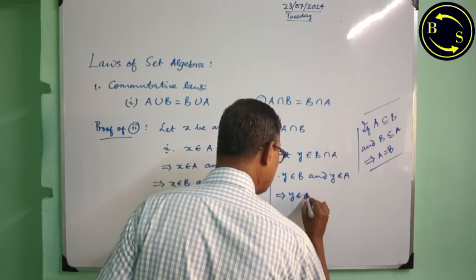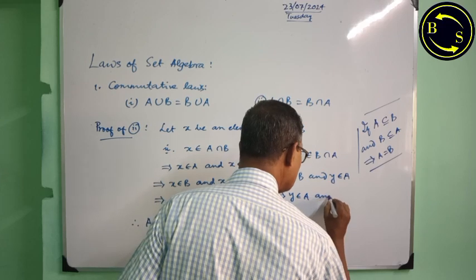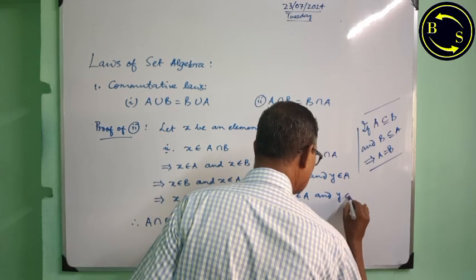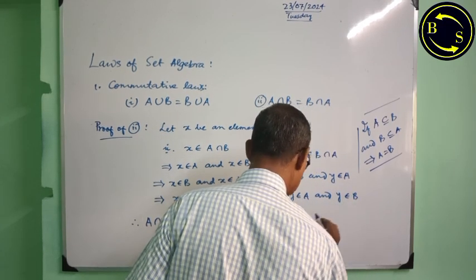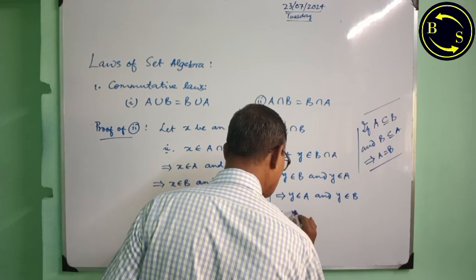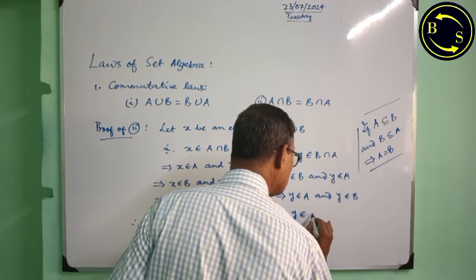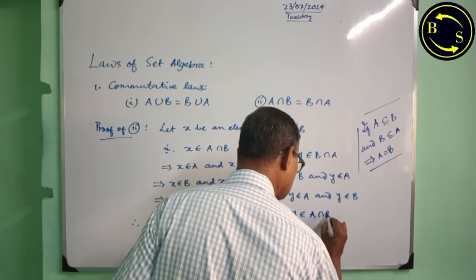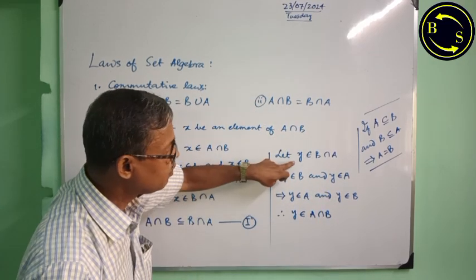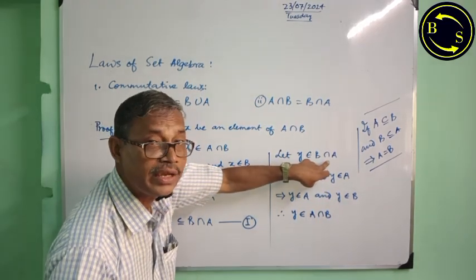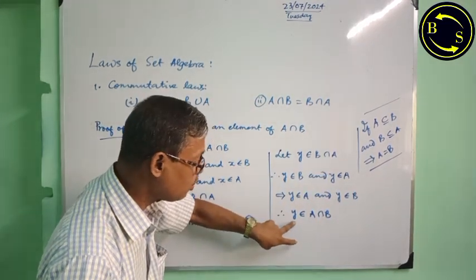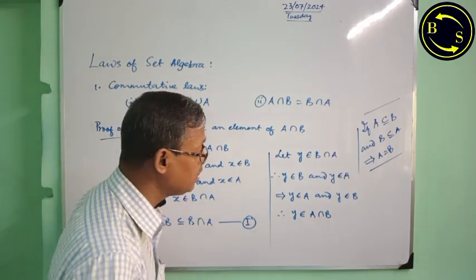Y belongs to A and Y belongs to B. Therefore, Y belongs to A intersection B. We have started Y belongs to B intersection A, and we have got Y belongs to A intersection B.